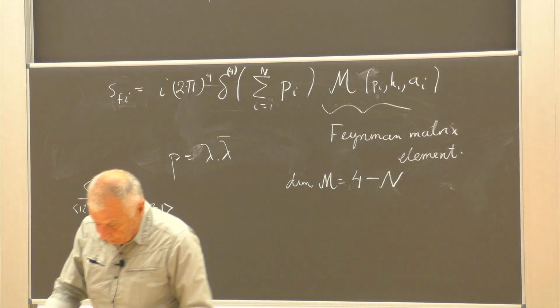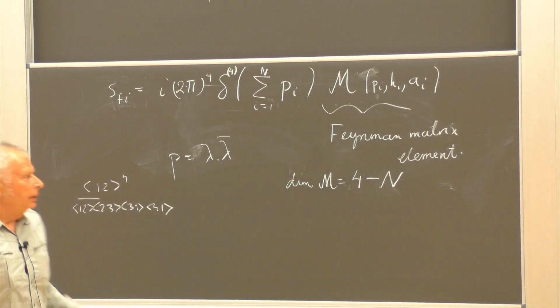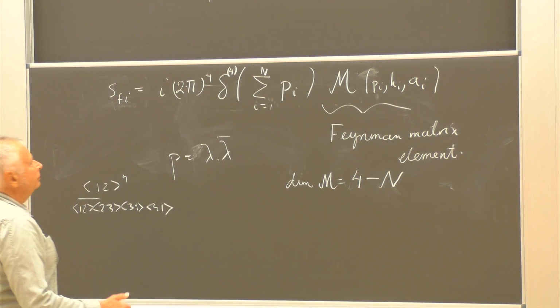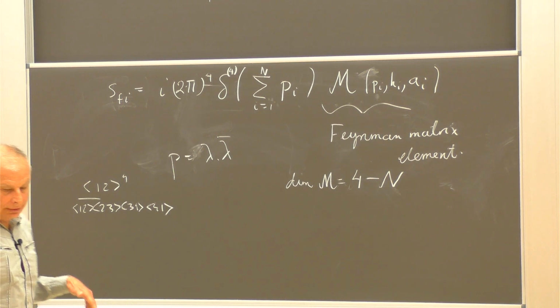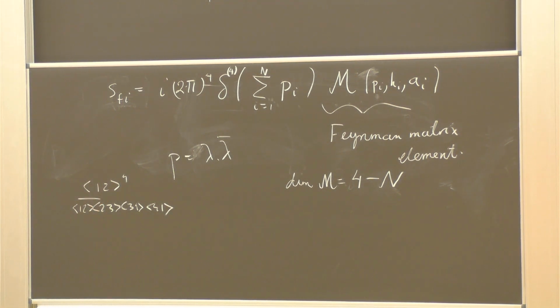All right. Next. As I mentioned before, to compute this invariant matrix element, you have this process in which you have a number of particles, like fermions, and some bosons, like gluons and photons.